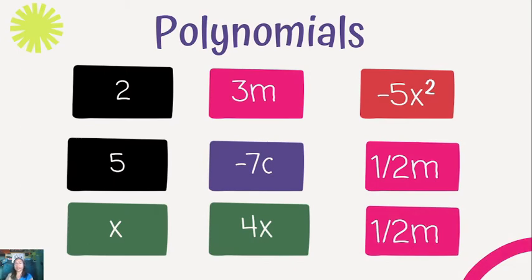Here we are just going to deal with polynomials, and I wanted you to look at what are like terms. Remember the one we studied and learned in our part 1, during the evaluating of algebra expression.